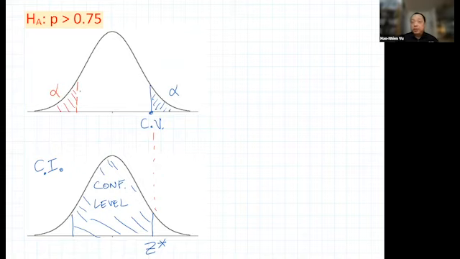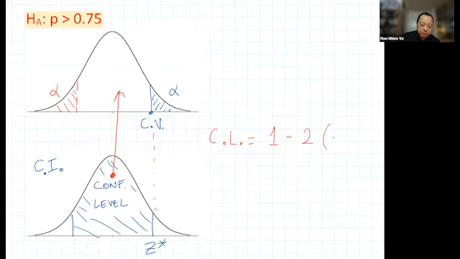With this imaginary extra tail, now the confidence level here and the area there are equal. That means the confidence level is now equal to the graph minus the blue tail on the right and the red tail on the left, for a total of 2 times the tail, so 2 times alpha. So the confidence level is 1 minus 2 times alpha for a right tail test.